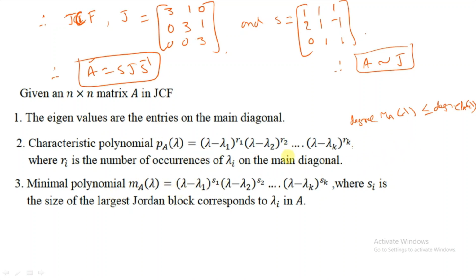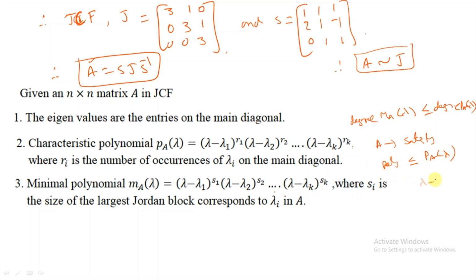The matrix also satisfies the minimal polynomial. Suppose a matrix A satisfies a polynomial of degree less than or equal to the characteristic polynomial; that polynomial is called the minimal polynomial.